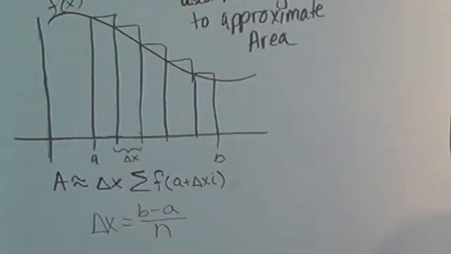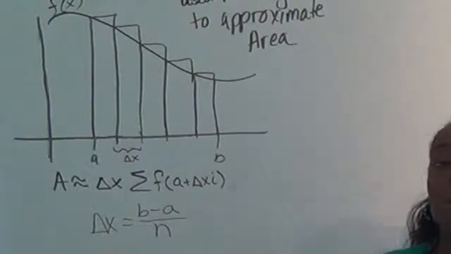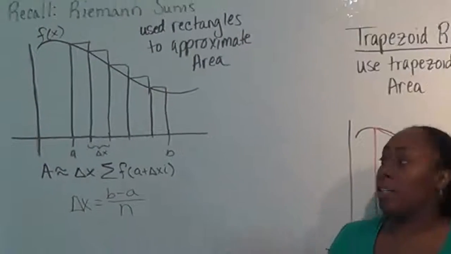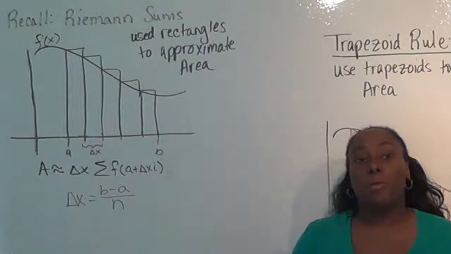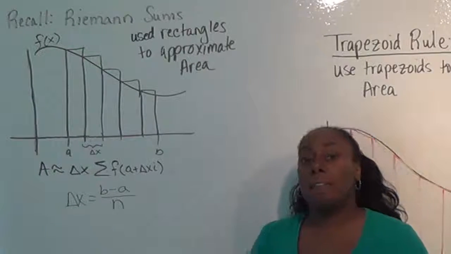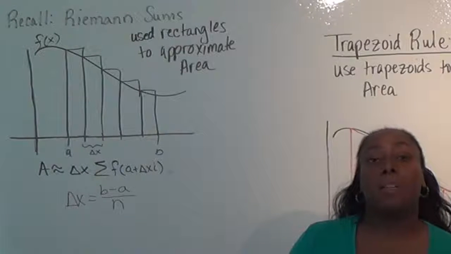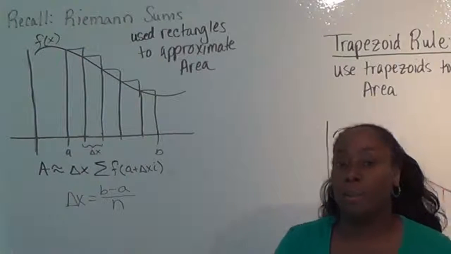Okay, so what we're going to do now is look at two other numerical integration techniques. The main difference between these two and the Riemann sums is that Riemann sums were nice for any function, and we could check them by using our integration techniques, which we later learned. For the ones we're going to talk about today, these are functions typically that you really can't find the antiderivative of.